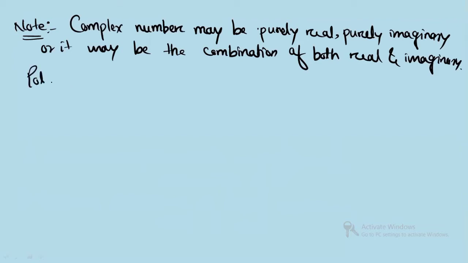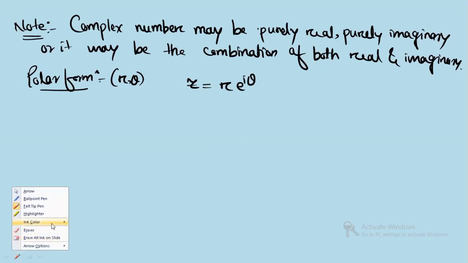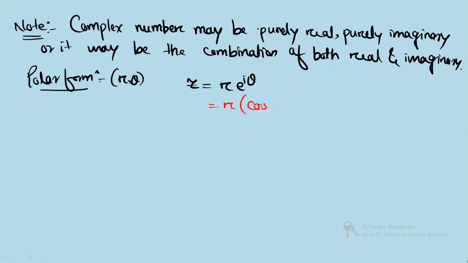Now in polar form, how can we represent it? For this we will use r and theta. In polar form you can write z equals r e to the power i theta. In the previous video we have seen we can write e to the power i theta as cos theta plus i sin theta.